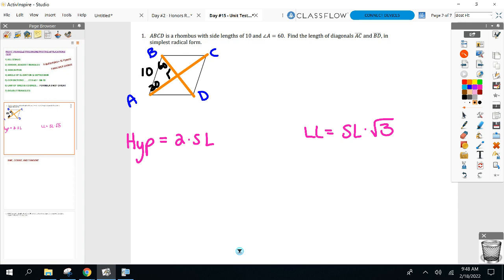Okay, I'm going to get moving here so we can get to some sine, cosine, tangent problems. Hopefully you noticed you created a 30-60-90 triangle. All four are 30-60-90. What's the 10 acting as in the 30-60-90? Hypotenuse, shorter leg, or longer leg?